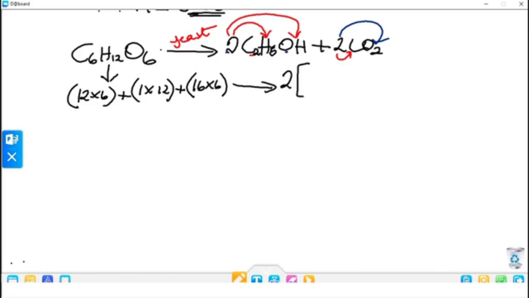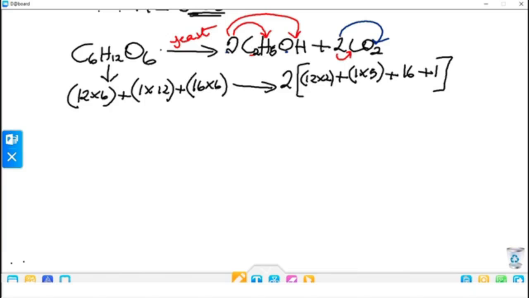So there are 2 atoms of carbon, and carbon is 12, so it is going to be 12 times 2. Plus, we have 5 atoms of hydrogen, and hydrogen is 1 times 5. Plus 1 oxygen, 16. And then plus another hydrogen, 1. So we have it like that.